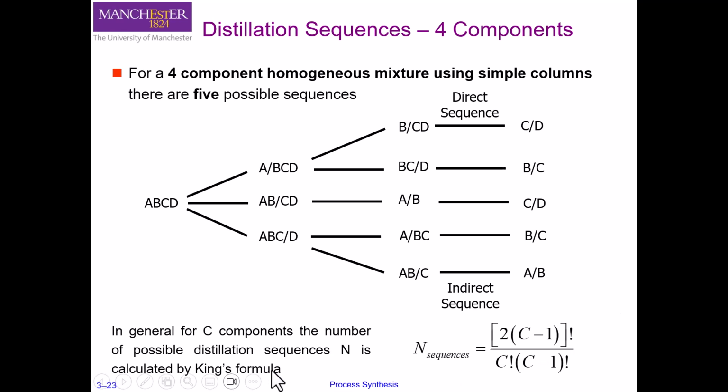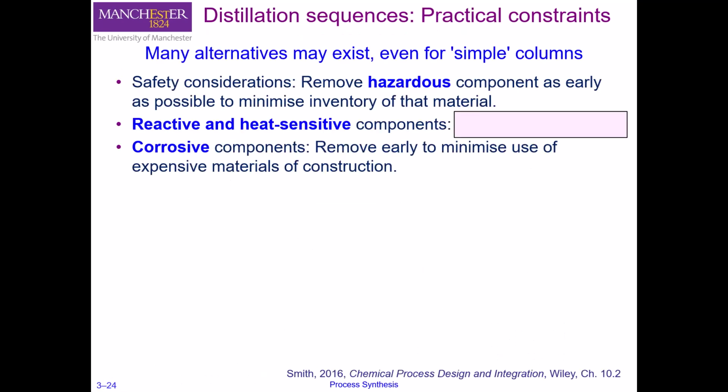So this formula is very helpful in calculating how many sequences are possible based on the number of components. You will study sequence selection in multi-component engineering separation. So this is just a short recap.